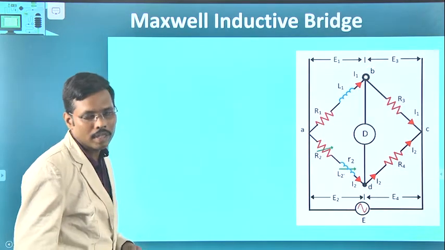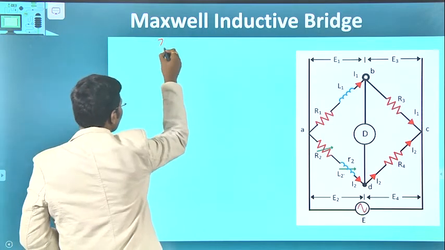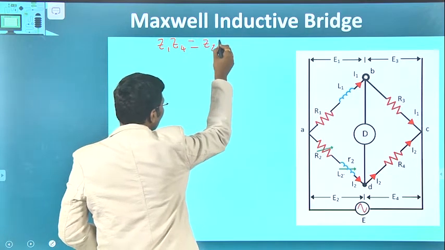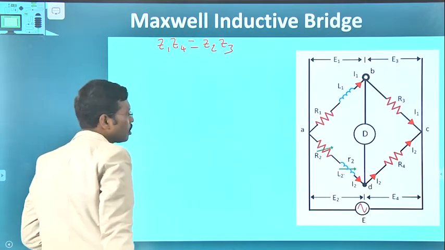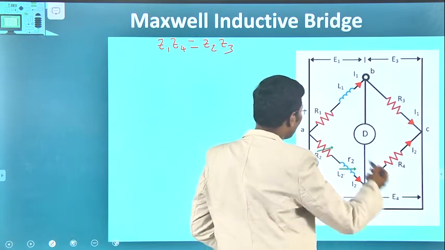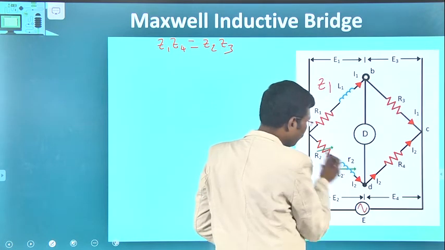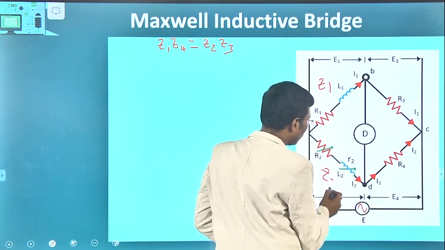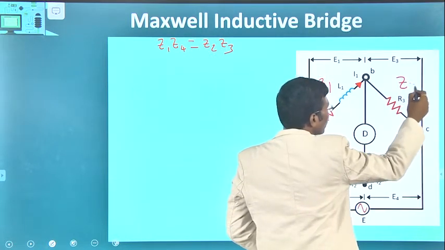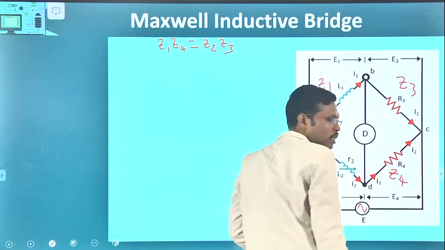When this bridge is in balanced condition, we know that the product of impedances Z1 and Z4 should be equal to the product of impedances Z2 and Z3. Here the impedance Z1 is the impedance of the arm AB, Z2 is the impedance of the arm AD, Z3 is the impedance of the arm BC, and Z4 is the impedance of the arm CD.